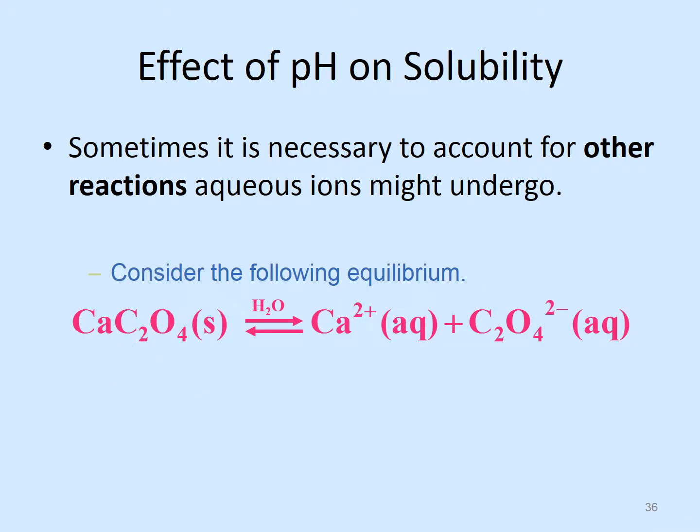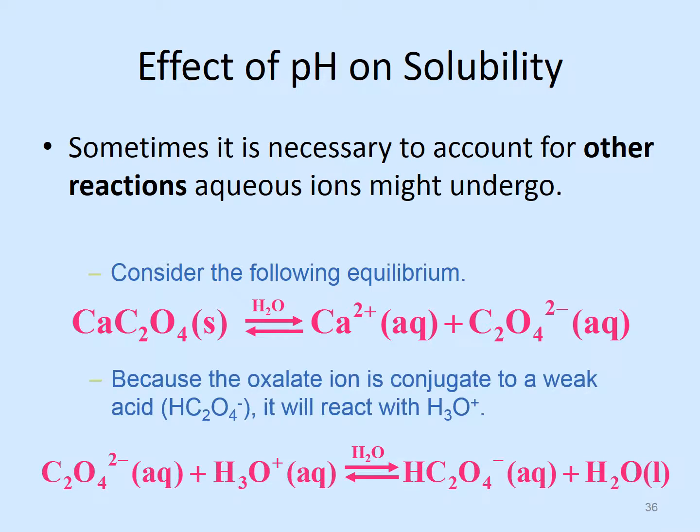Calcium oxalate is an example. C2O4 2-, the oxalate ion, is the conjugate of a weak acid. If it has acid around it, it will react to form HC2O4-. So it is affected by acid.